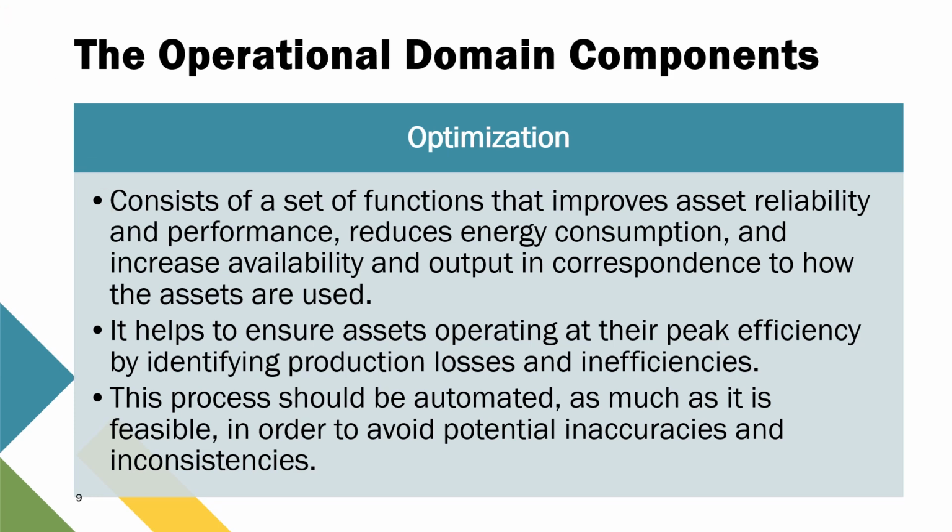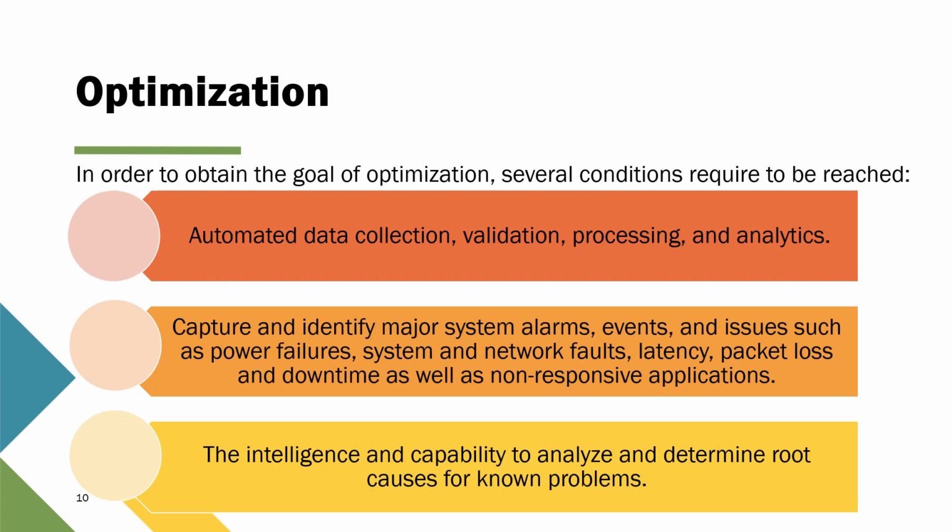So for optimization, in order for us to get this optimization, there are several conditions that are required to be met. For example, the first one is automated data collection, validation, processing, and analytics. Okay, so for example, you have a line of a product that you produce in the factory.